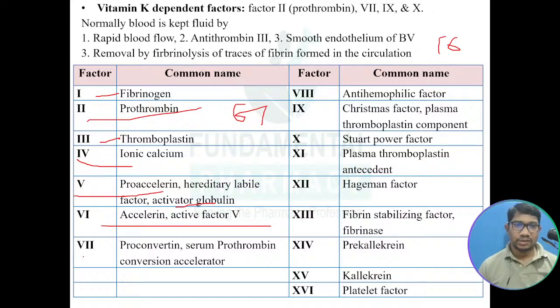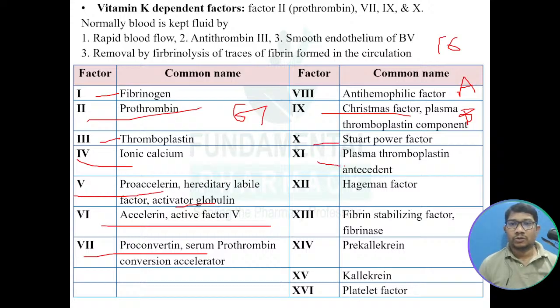Factor 7 is proconvertin. Factor 8 is anti-hemophilic factor A. Factor 9 is Christmas factor or anti-hemophilic factor B, also known as plasma thromboplastin component, PTC. Factor 10 is Stuart-Prower factor.